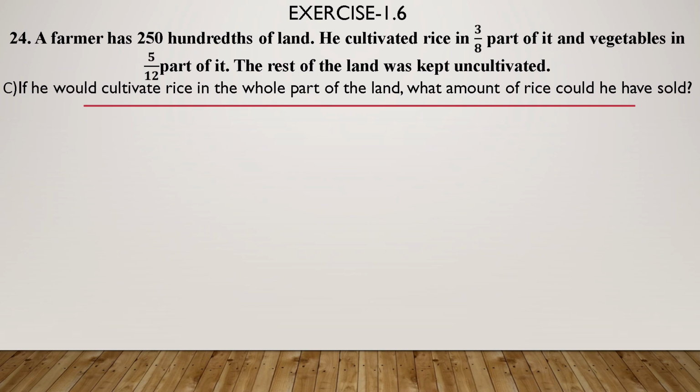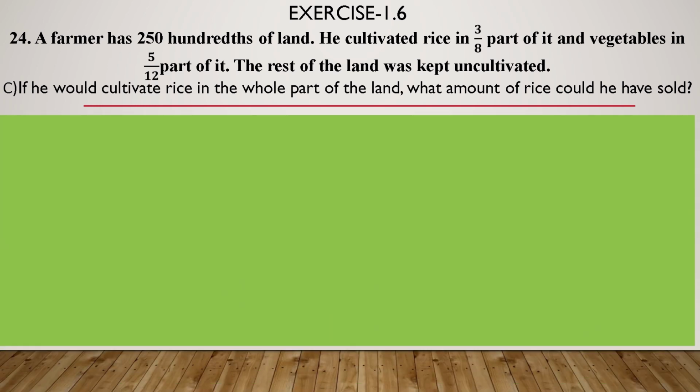Now the C number question, my dear. If he would cultivate rice in the whole part of the land, what amount of rice could he have sold? You can see, my dear, the selling price of rice is taka 24,000 minus 2,400, because this is the extra part, 2,400, and the selling price of rice we can get by subtracting it.